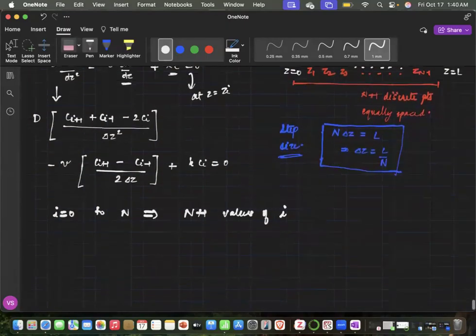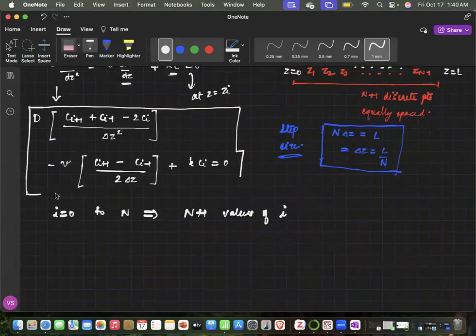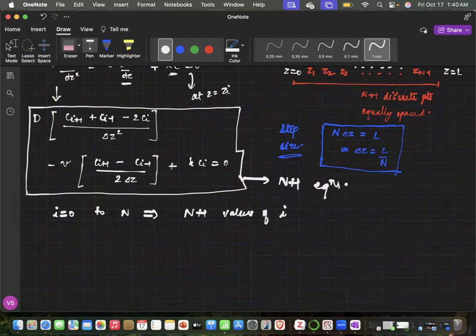For each zi, there could be a discretized equation like this. So therefore, there are going to be n plus 1 equations, because of n plus 1 values of i. Hopefully that makes sense to all of you.